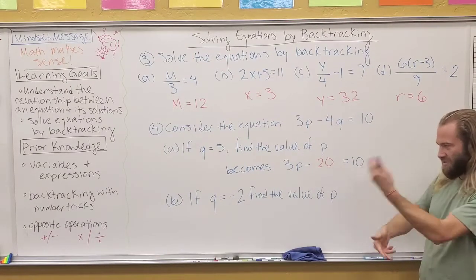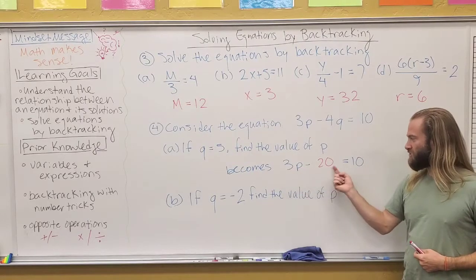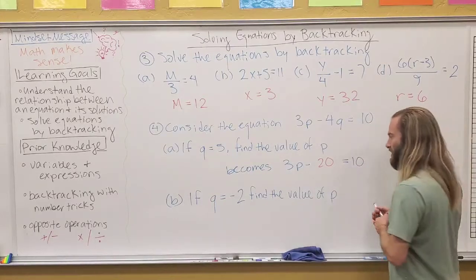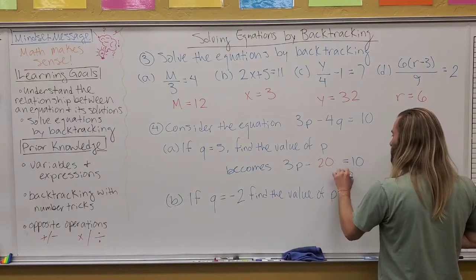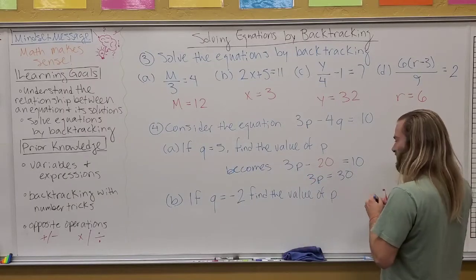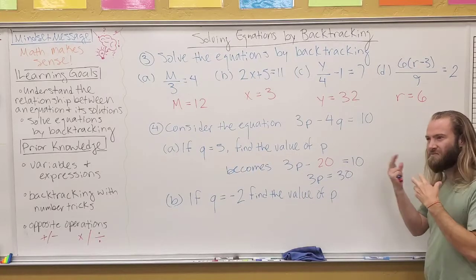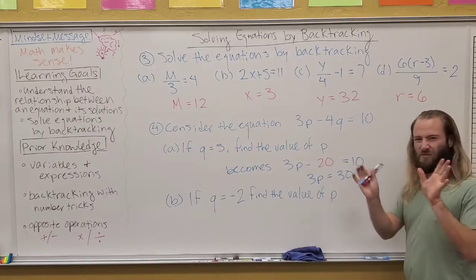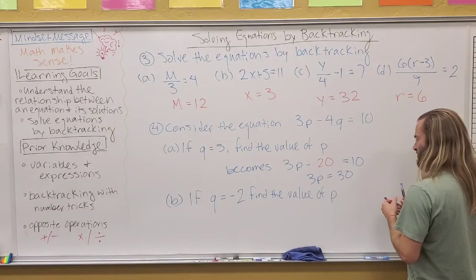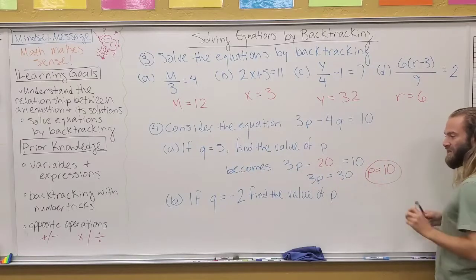And if you solve this in reverse, remember it's choose a number times 3 minus 20, and we end with 10. So we'd add 20, and that would give me 30, and then we have 3p equals 30. So we have 3 times the number equals 30. Remember, a lot of this we're trying to get the hang of working out in our heads, and I'm not going to give you any crazy numbers right now. And that just means we can see that p equals 10 there. 3 times 10 is 30.